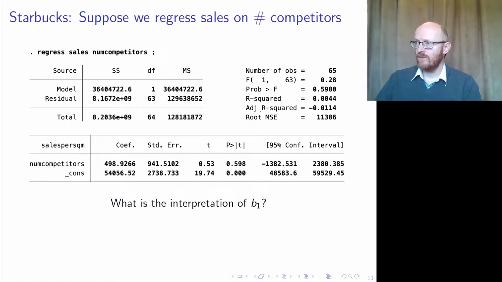Whereas if we regress sales on number of competitors, we see that firstly the r squared is quite low. It's 0.0044, which means that the number of competitors actually does not explain the variation, basically no variation in the sales per square meter per year.